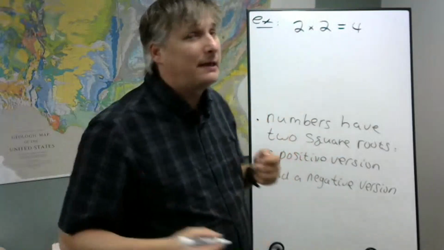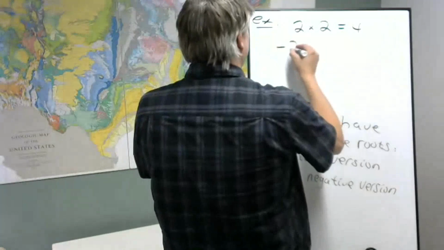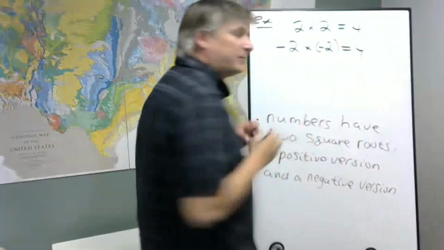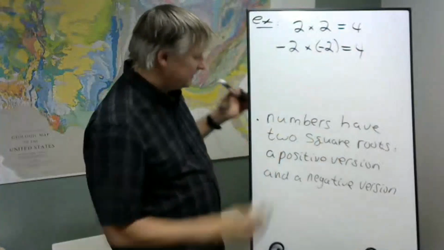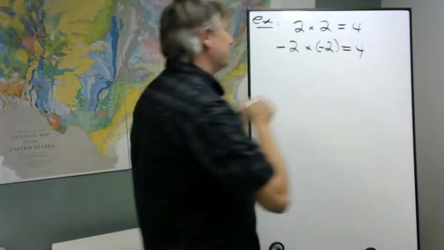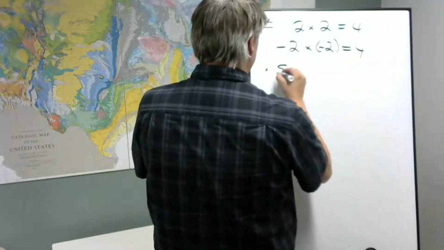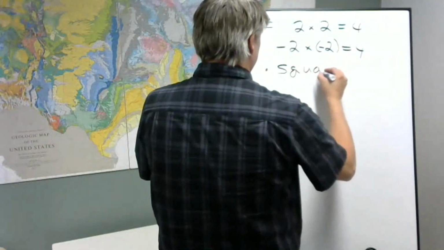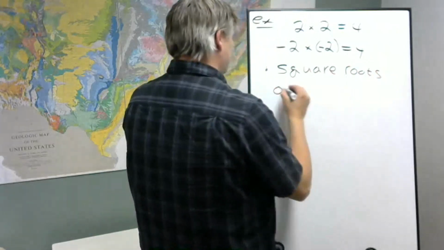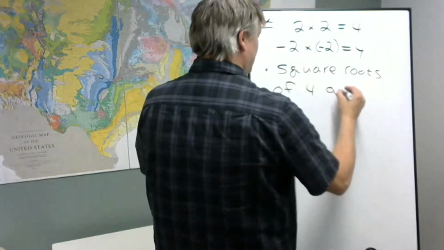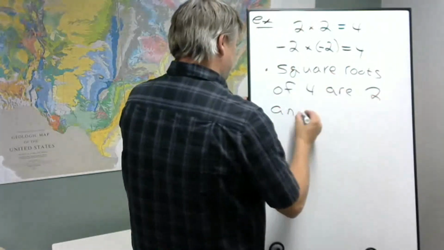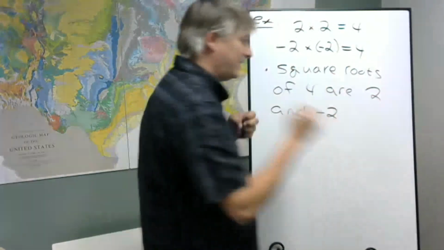But we could also do this. Negative 2 times negative 2 also equals 4. So this means the square roots of 4 are 2 and negative 2.